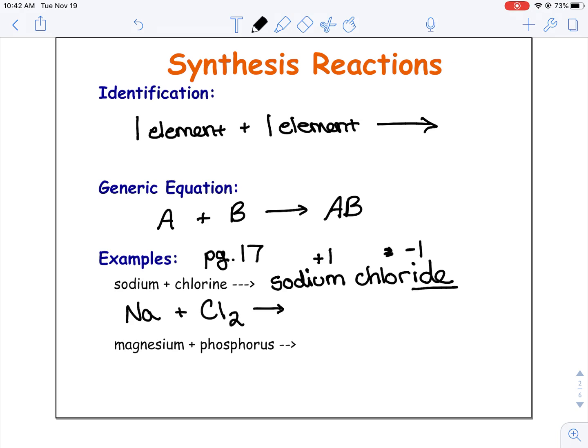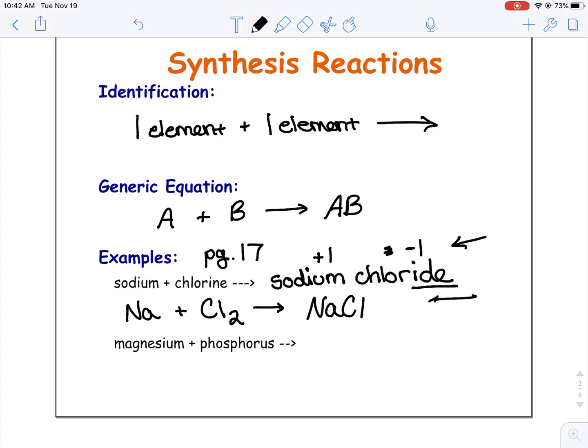Sodium has a +1 charge, and the chloride ion has a -1 charge, so the formula for sodium chloride is NaCl. You should never have charges in your final answer. If you put charges on your final answer, I will mark it wrong. A compound, when the two things are bonded, is neutral, has no charge.